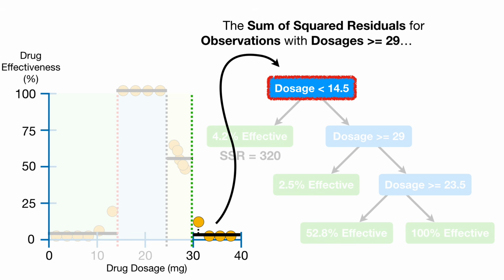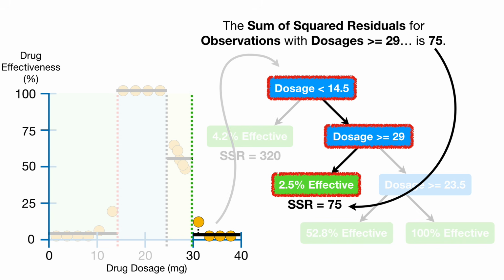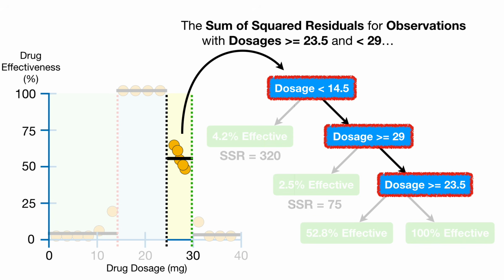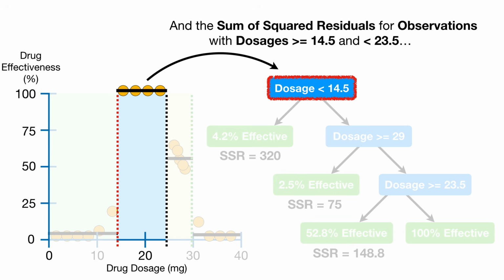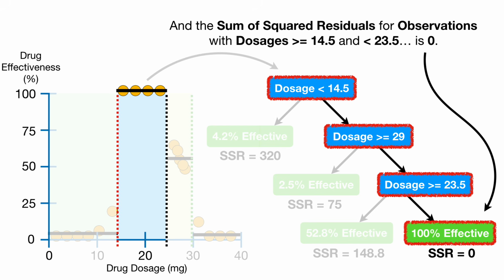The sum of squared residuals for observations with dosages greater than or equal to 29 is 75. The sum of squared residuals for observations with dosages greater than or equal to 23 and less than 29 is 148.8. And the sum of squared residuals for observations with dosages greater than or equal to 14.5 and less than 23.5 is 0.